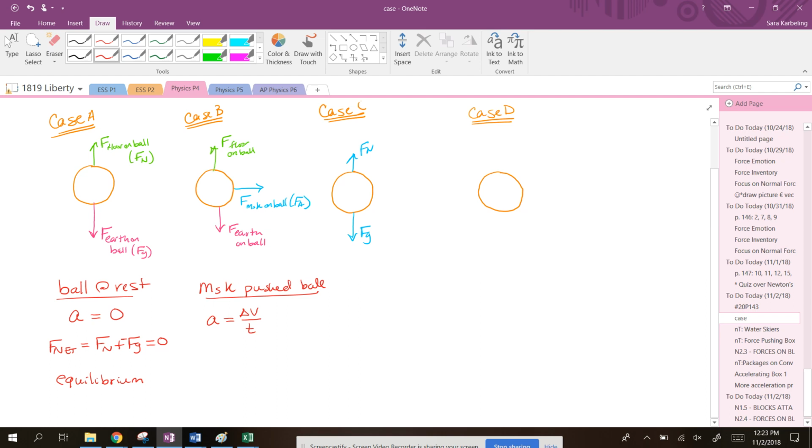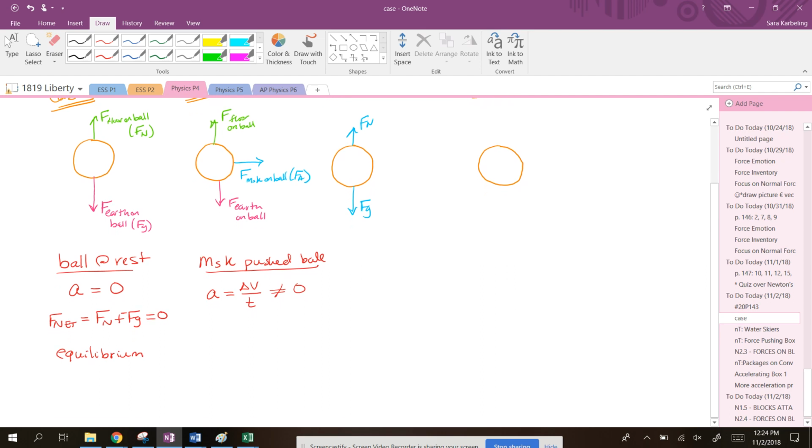Triangle means change in. So the change in velocity over time did not equal 0. And we know that because what was the ball doing as I pushed on it? It moved, it rolled, and most importantly, it increased in velocity. And we really just care about it changing in velocity, right? But absolutely, it changed velocity.